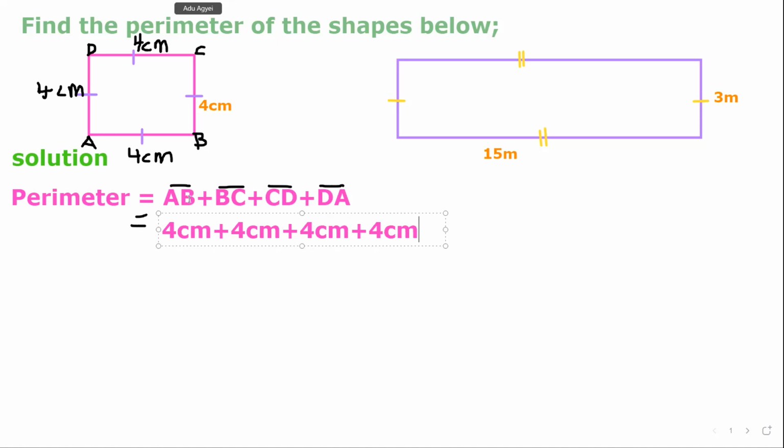Okay, good. Now, the next one here, that will be when you add them. 4 plus 4, which is 8, plus 4, 12, plus 4, and that is 16 centimeters.